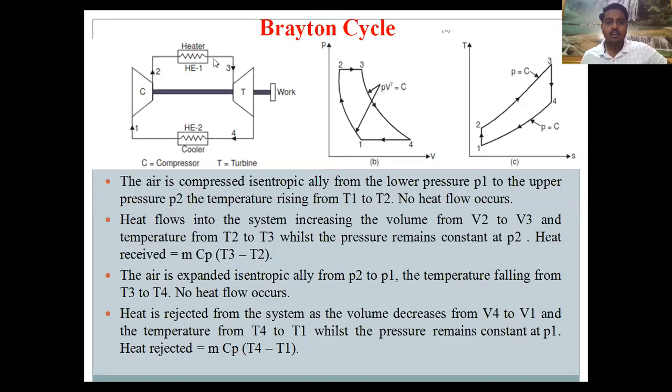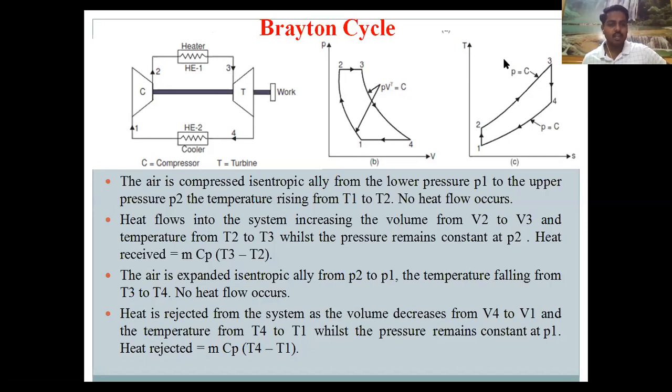Now see, in our heater, that is our combustion chamber, we are going to add the heat, state 2 to 3. The volume changes from V2 to V3 on the x-axis, and in the TS diagram temperature changes from T2 to T3, keeping pressure constant.